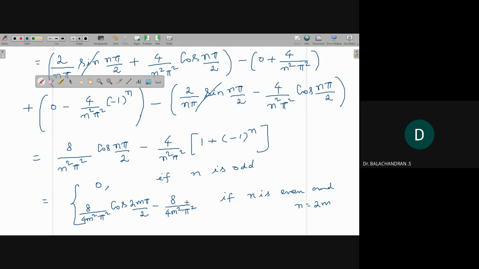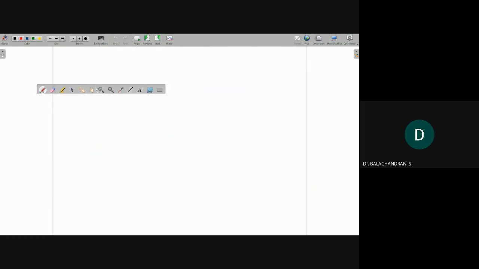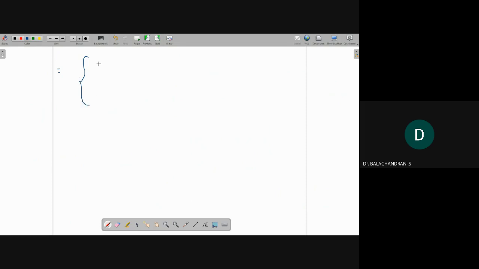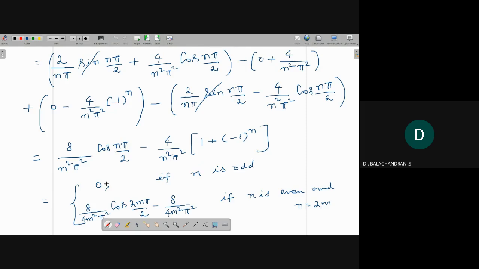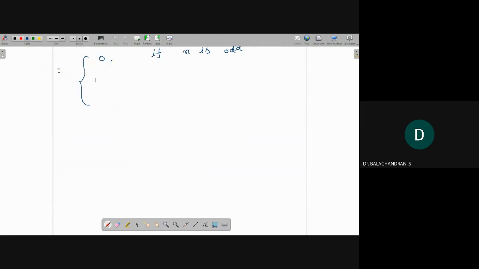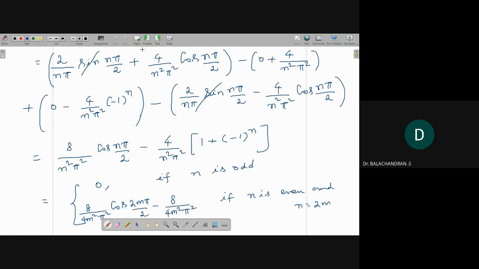I'll rewrite on the next page. Zero if n is odd. And if you simplify this, you'll get 2 divided by m square pi square into cos m pi, cos 2 gets cancelled.